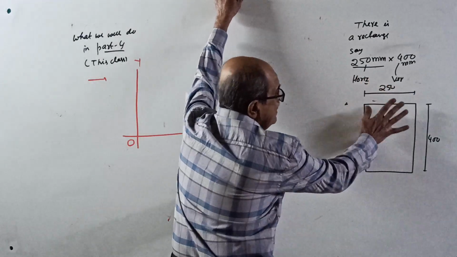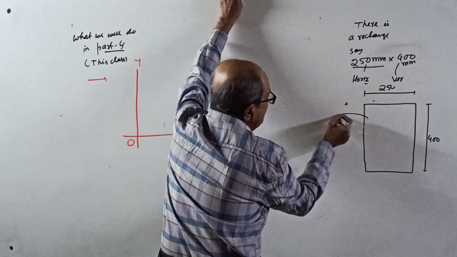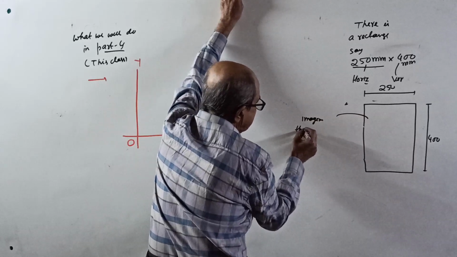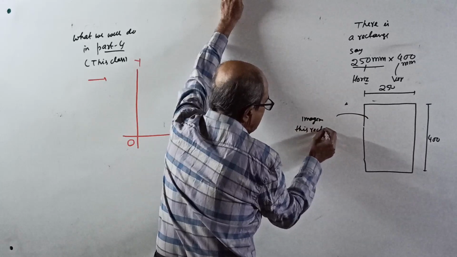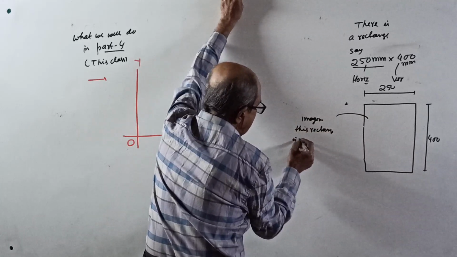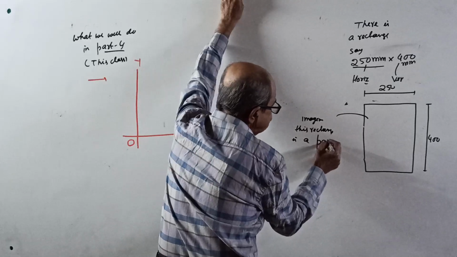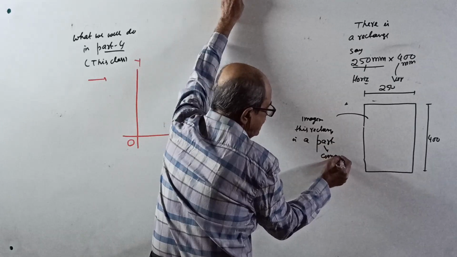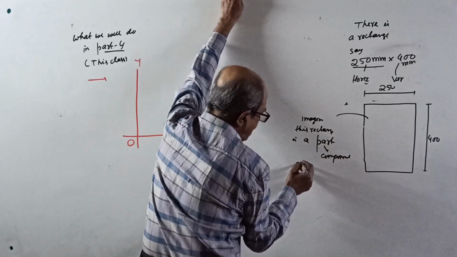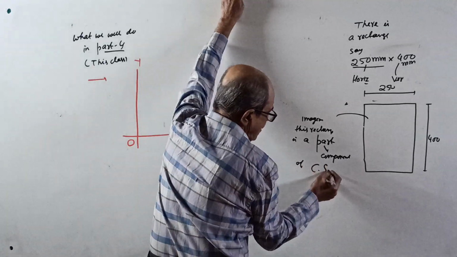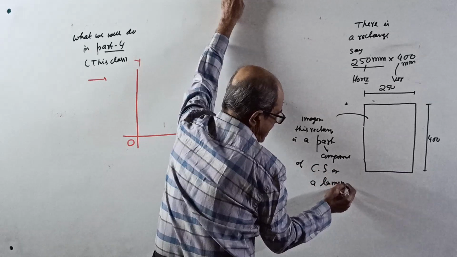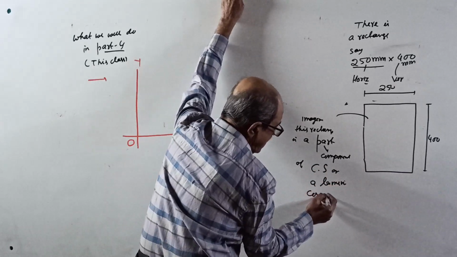This rectangle, you imagine, is a part or component of a cross section or a lamina consisting of multiple parts.